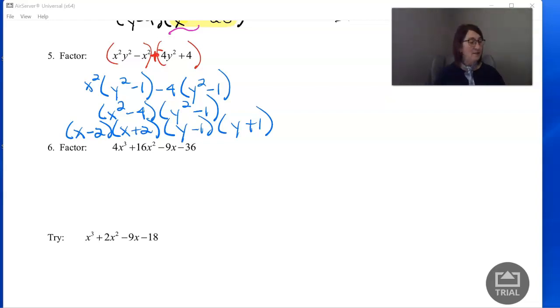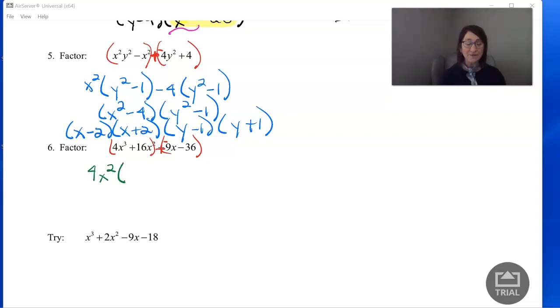So for this one, I'm going to go ahead and use grouping. I'm going to change my third term to addition before I put my parentheses. All right, so out of this first one, I can take out a 4x squared.